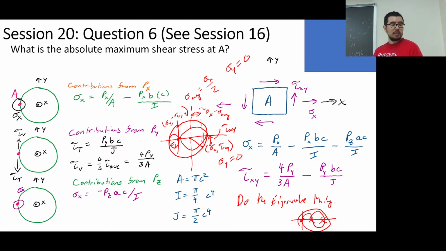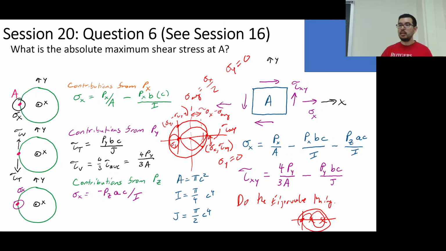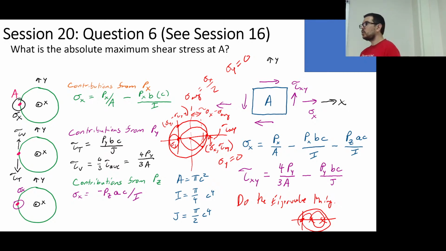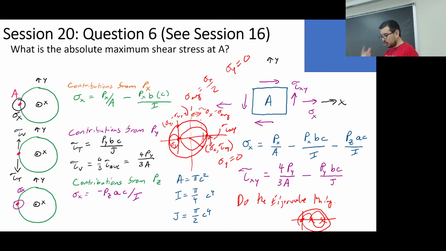I don't know sigma 1 yet, because I wasn't given a state of principal stresses. I'm given a tau and a sigma x. But I do know that sigma 3 is going to be equal to 0. Why do I know that? Because I've been given a plane and there's nothing coming out of it. So sigma 3 is equal to 0.